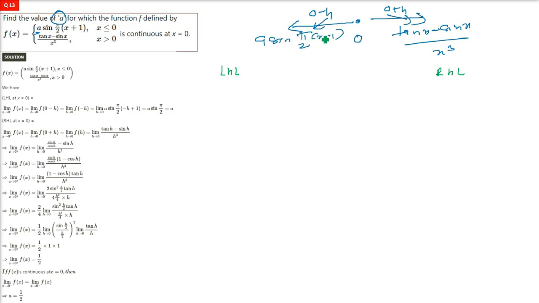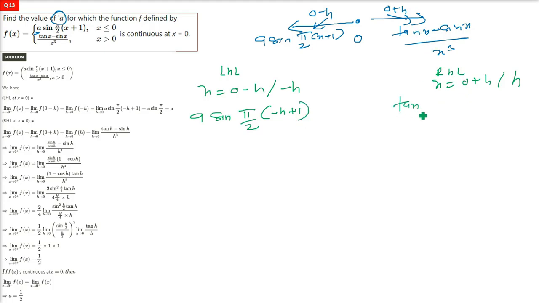See, 0 minus h will be replaced in place of x. Here also x equals 0 plus h. So that is negative h only, and this is also positive h. Because it is 0, we have to check at 0. So it will be a sin (pi by 2)(minus h plus 1). Here we have tan.